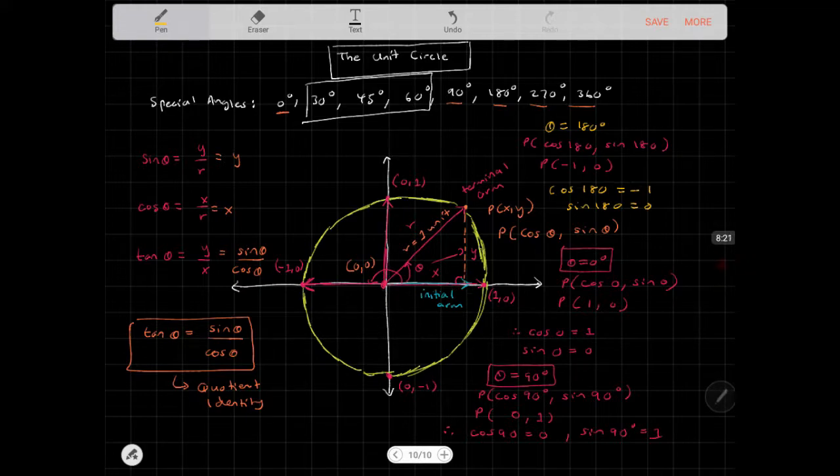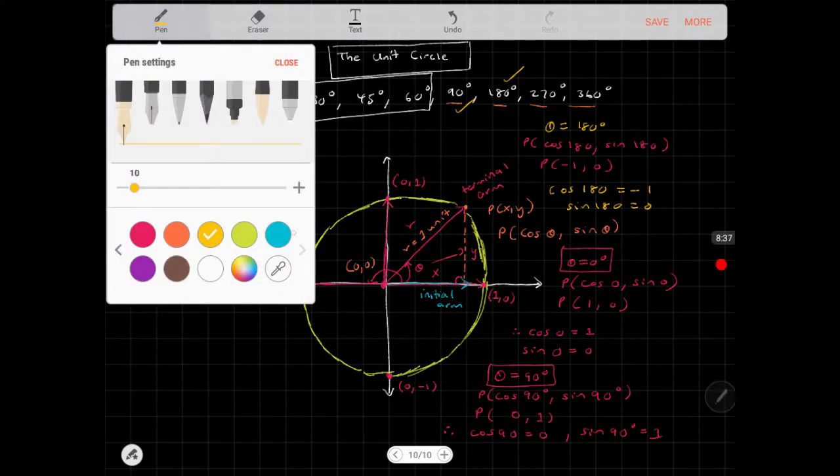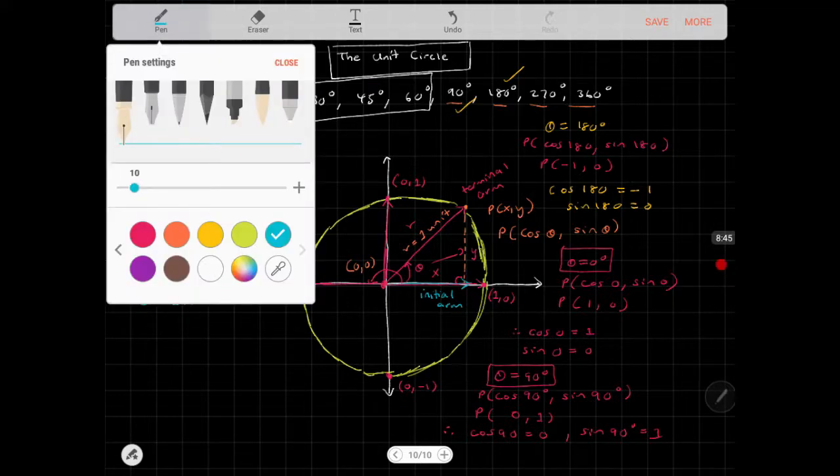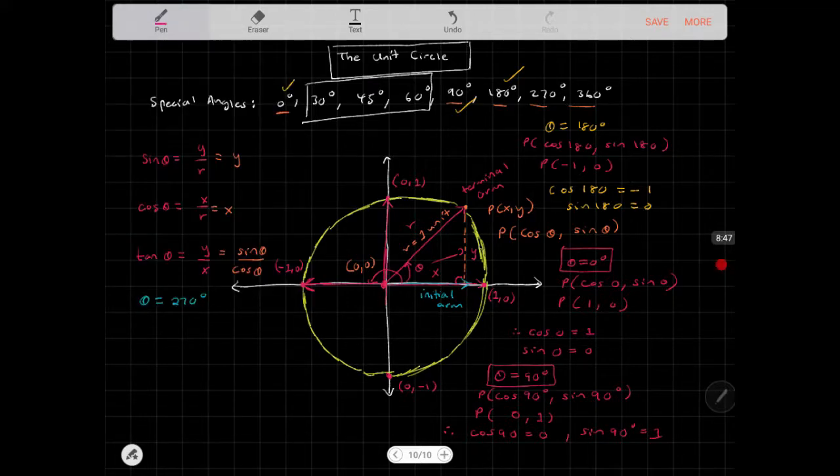Let's take a look at the next special angles. We figured out values of 90 and 180, let's look at 270 and 360. I'm just going to erase this, because we'll get back to that afterwards. But let's take a look at when theta is equal to 270 degrees. When theta is 270 degrees, our terminal arm can be located here.